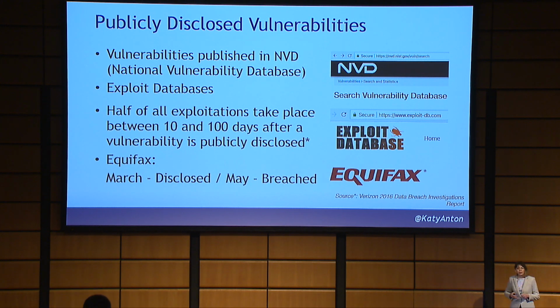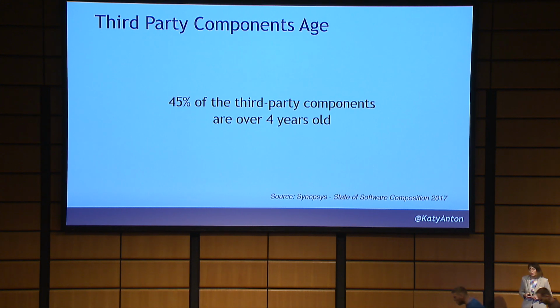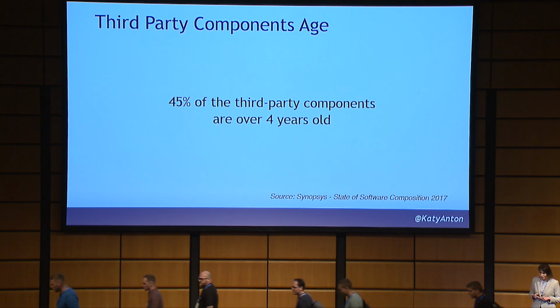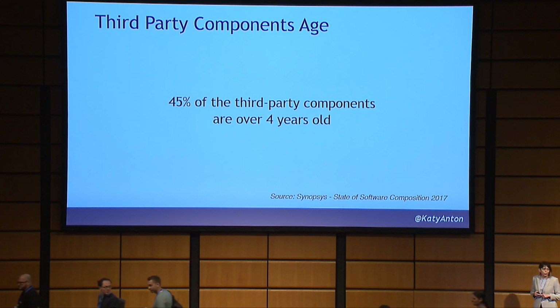And the common problem around this is the age of the components. According to a survey from Synopsys, 45% of components are over 4 years old. 4 years in the age of software is old, because in that period a lot of vulnerabilities have been disclosed. So we end up with old components that have a high level of vulnerabilities in them.